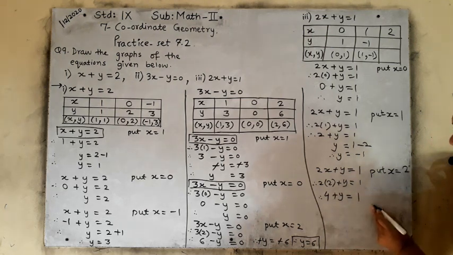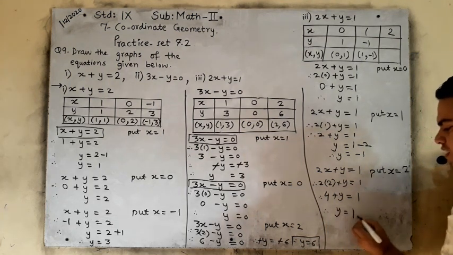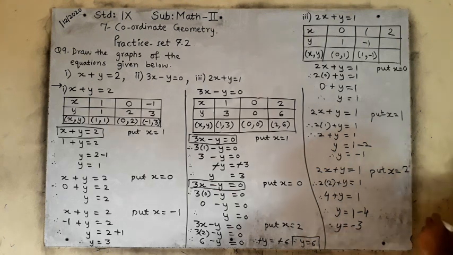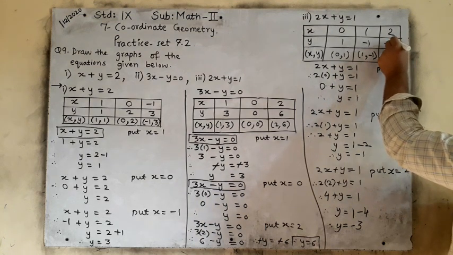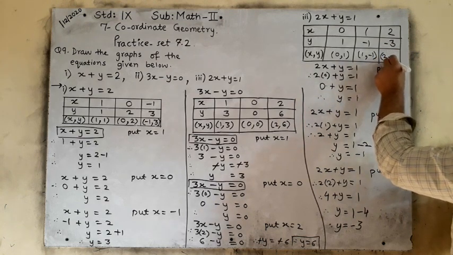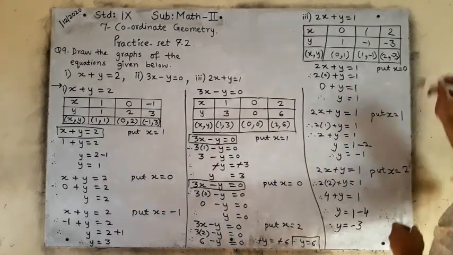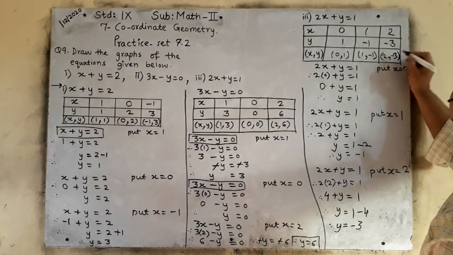Now this 4 will come here, it will be minus 4. Therefore we will write y is equal to 1 minus 4. 1 minus 4 is minus 3. Therefore y is equal to minus 3. So you will write over here it is minus 3. So at last you will write x coordinate is 2 and y coordinate is minus 3. This is how you will write the coordinates. I hope you understood how to solve this.